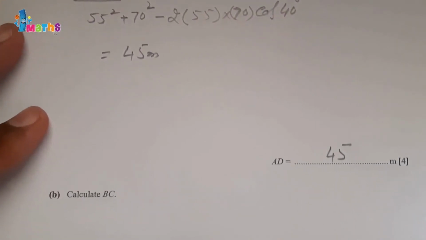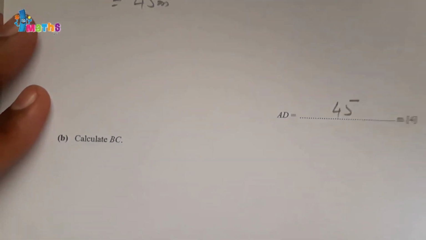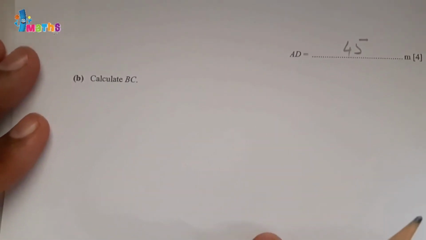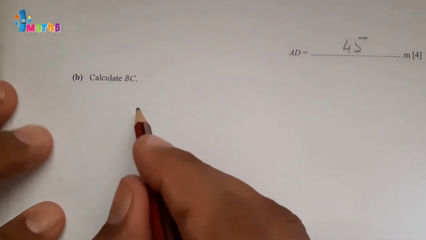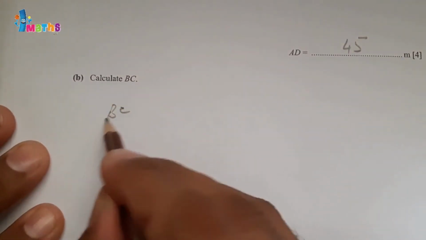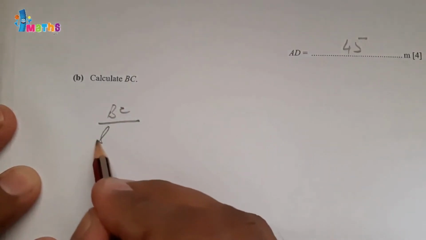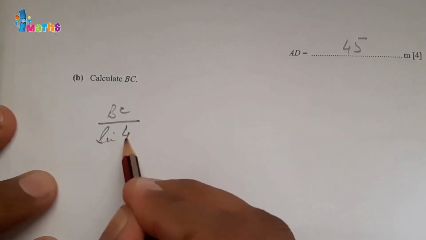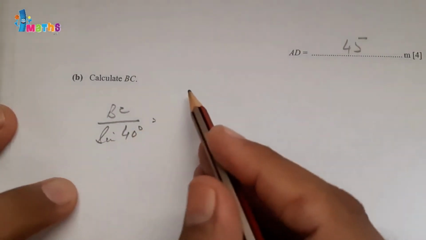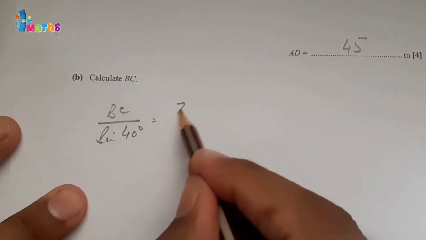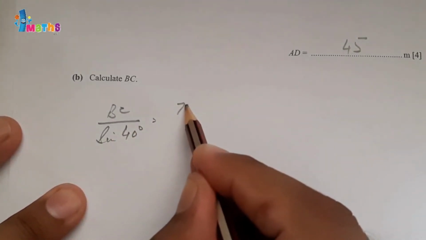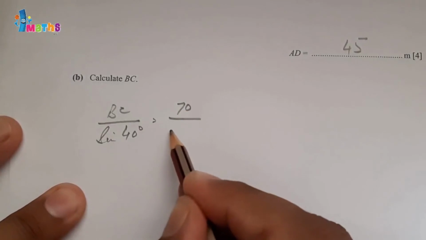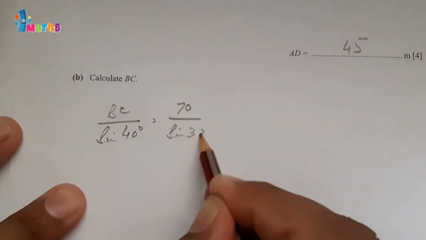So I will write down in the space provided as BC over sine of 40 degree will be equal to 70, which is DB, 70 over sine of 32.